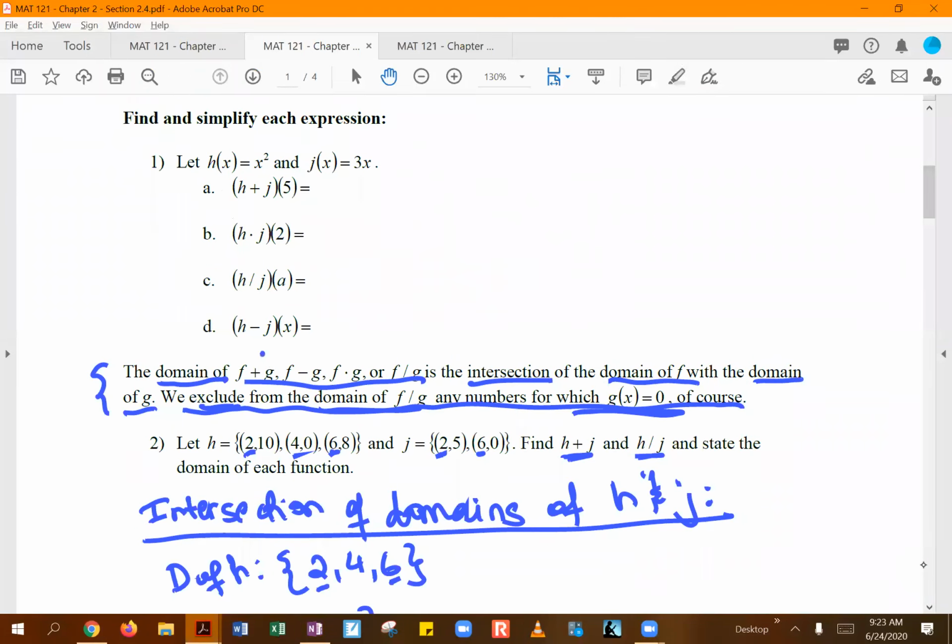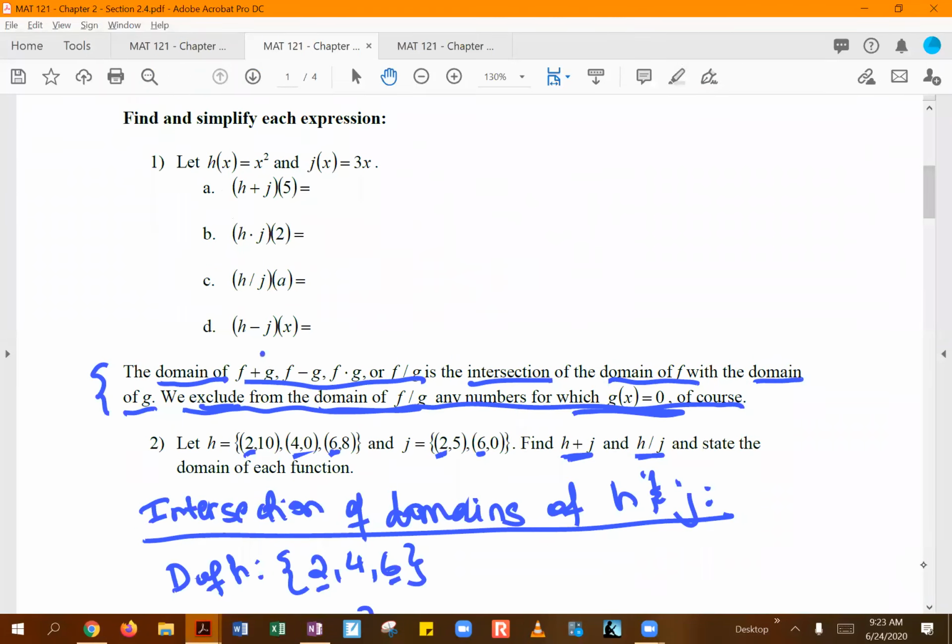When you change the order and make it g of f, g becomes the outside function and f becomes the inside function. So we always start by solving the inside function first. You solve the inside function, get the answer, and then use that answer to solve the outside function. You're working from the inside out as you work through these composition examples.